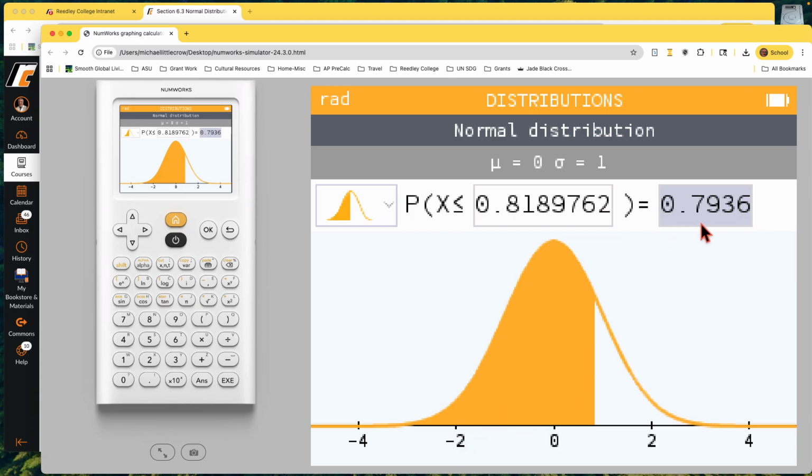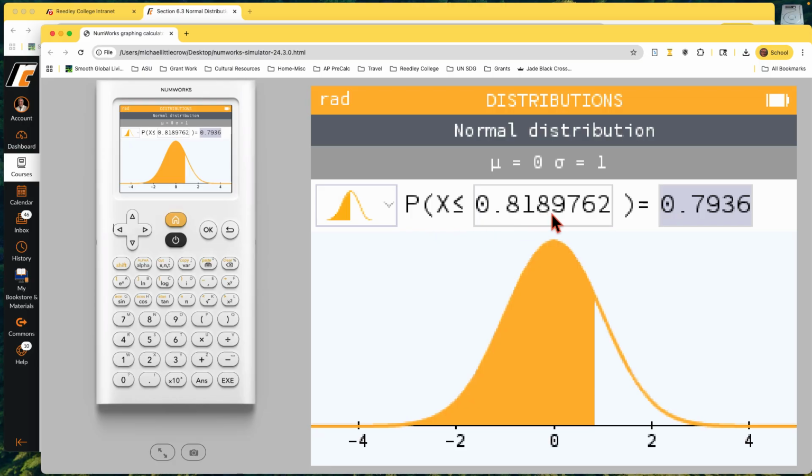And remember, that's 79, that's like 79%. So when you see the picture, does that look like about 79, about 80% of the curve? Yeah, looks pretty close. Okay, so you'll get a visual confirmation. And the answer we're getting is 0.8189. Notice how those numbers, if you just looked at them out of context, look very similar, but they're different, right?